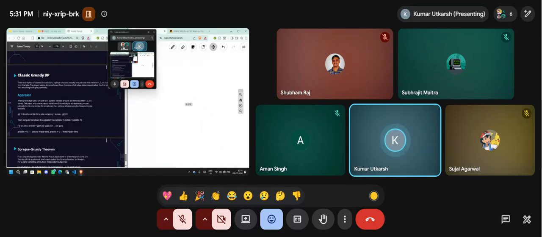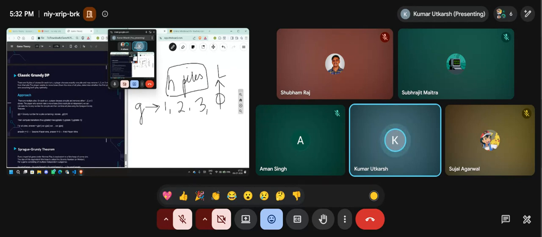So now what we do, as we have these n piles, we know we can get some Grundy value, 1, 2, 3, 0, right? We have already seen 0 is a losing state. But now, as we have n piles, we have n Grundy numbers.